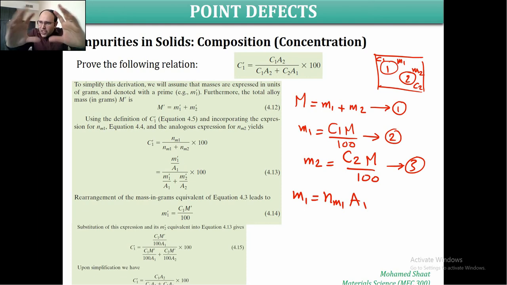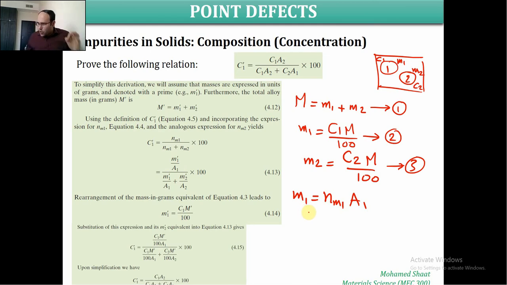So if within this alloy you have this number of moles, what should be the total mass of this element? It will be the number of moles times the weight of 1 mole. So A1 is the weight of 1 mole of this element. And in case you have 10 moles, for example, of this element within this alloy, it will be 10 times A1, which gives you the mass of this element.